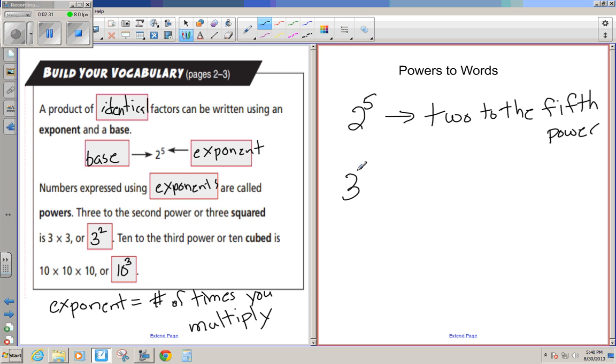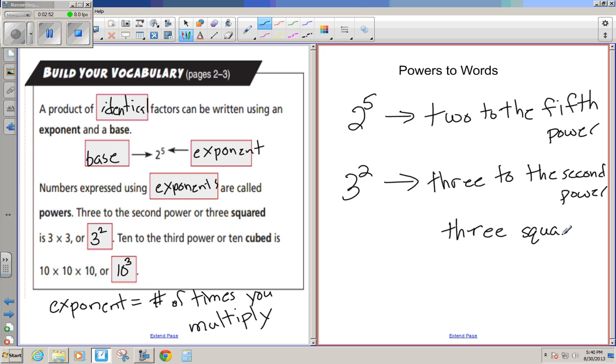If you look at 3 squared, or 3 with a power of 2, in words you would say 3 to the second power. You could also say that this is 3 squared. If you had something like 10 as the base and the 3 up here, let me write the words out for you since we're using words here.